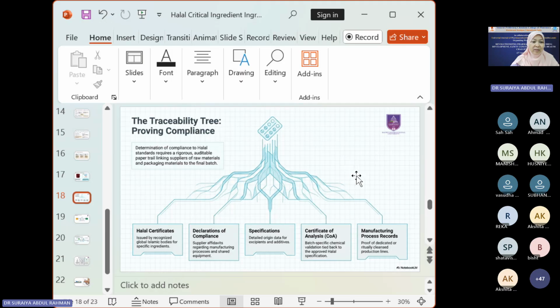So how do you prove that the source of the ingredient is halal? You need to provide complete documentation. For example, provide halal certificates of the raw ingredients that you want to use in the production of pharmaceuticals. And the halal certificates must be issued by recognized global Islamic bodies.